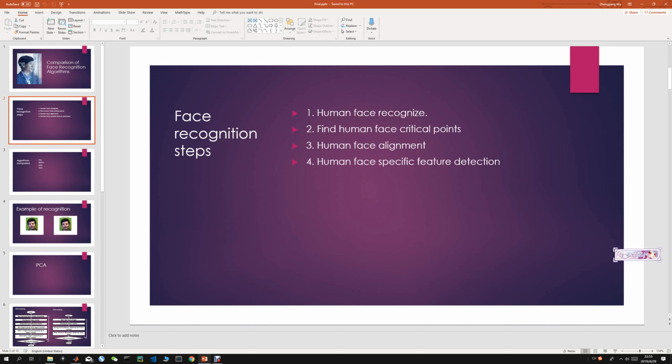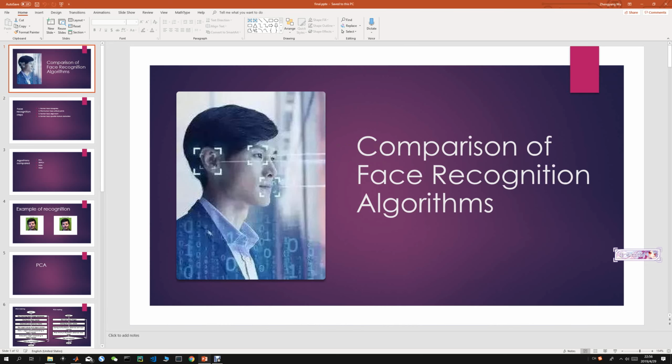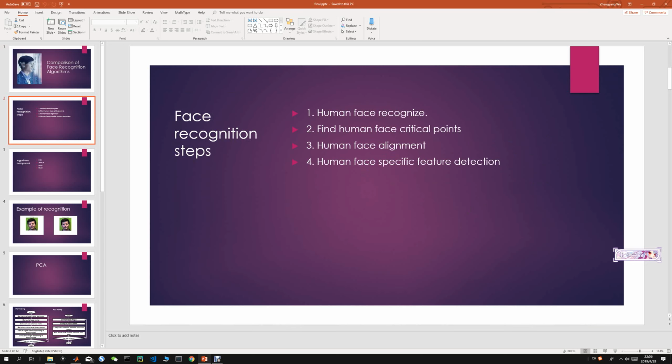The third step is the face alignment, which means we will represent the image as another image or another matrix. The last part is the human face specific feature detection. In this part, we will get the specific features of different people and align them into different groups.